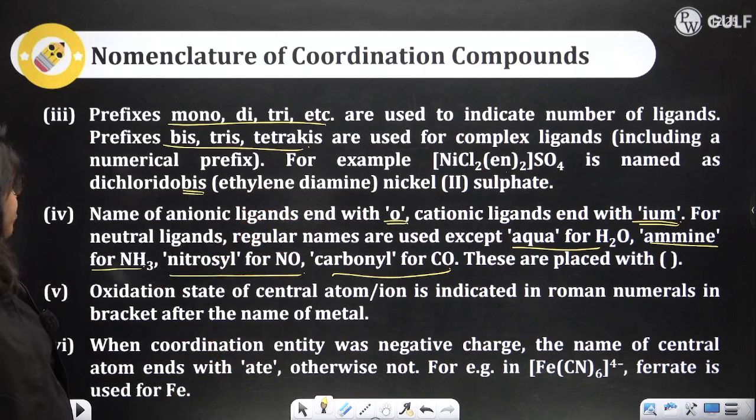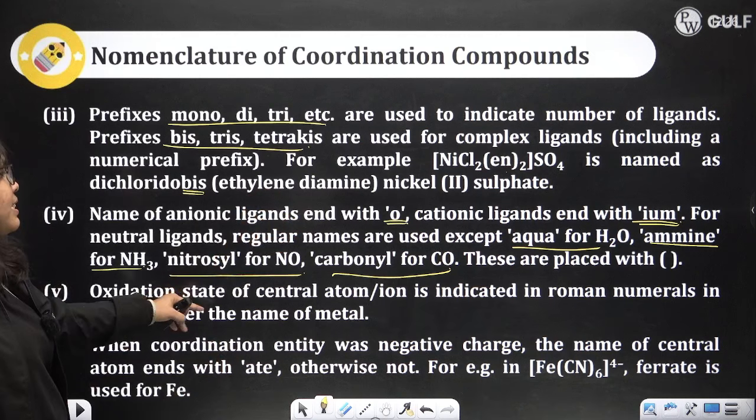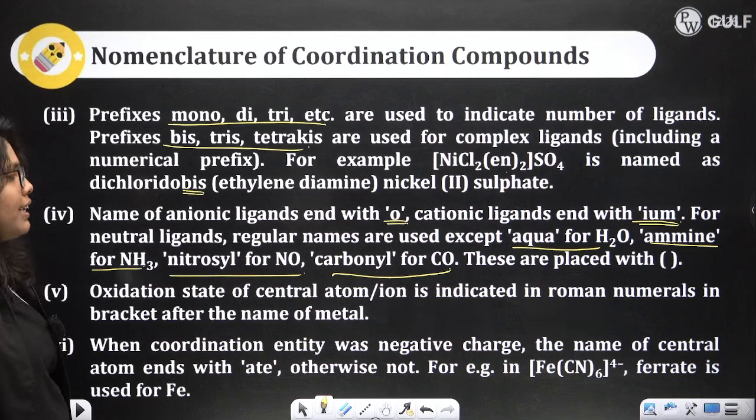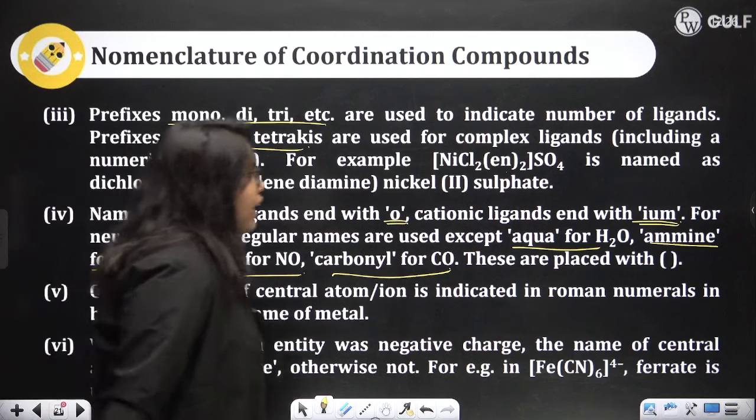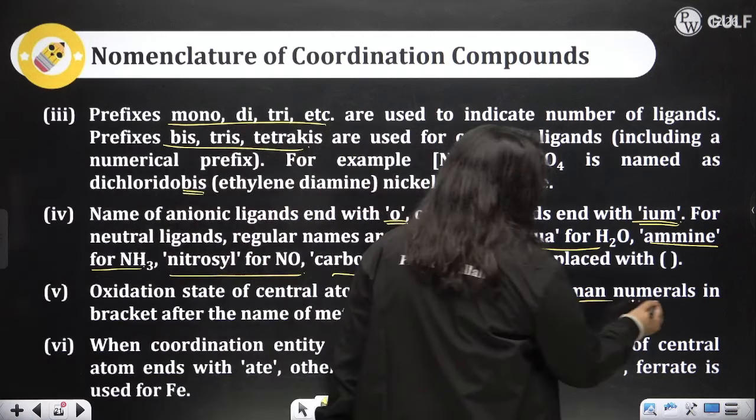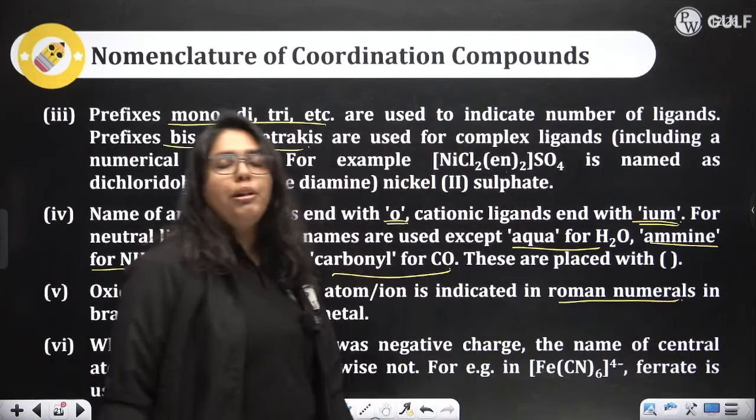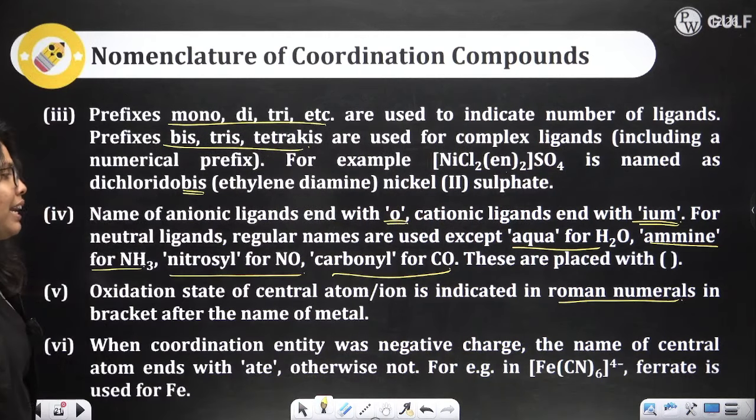All right? Okay. Now, oxidation state of the central metal ion is indicated in Roman numerals. Now that we have learned how to name the ligands, once all the ligands are named, you will then name the central metal atom and then write its oxidation number. Very, very important.